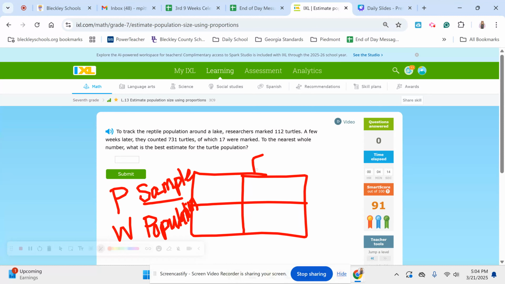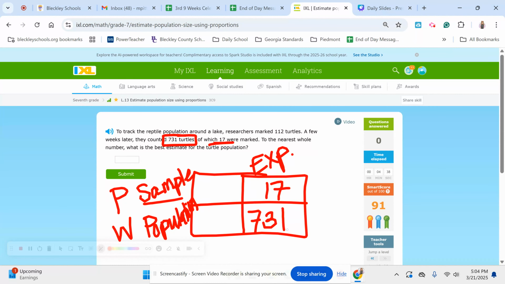So if this is my experiment that I'm conducting, we see that in the experiment they counted 731 turtles and 17 were marked. So obviously the marked ones is the smaller one, the sample, out of a total of 731.